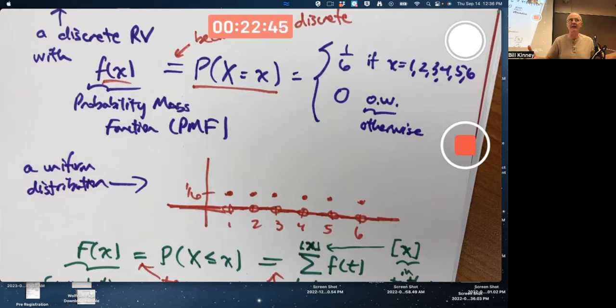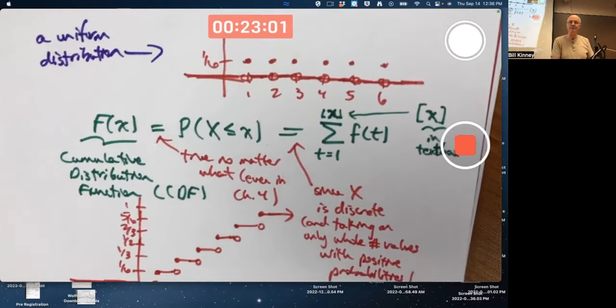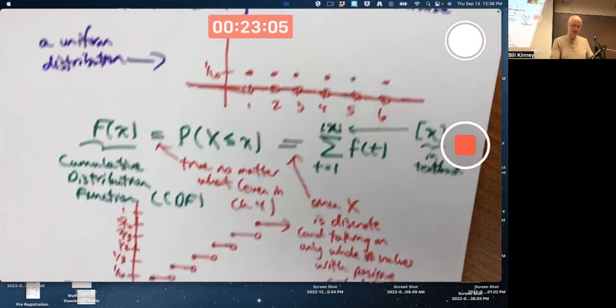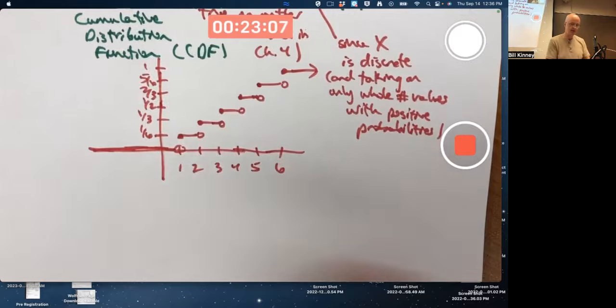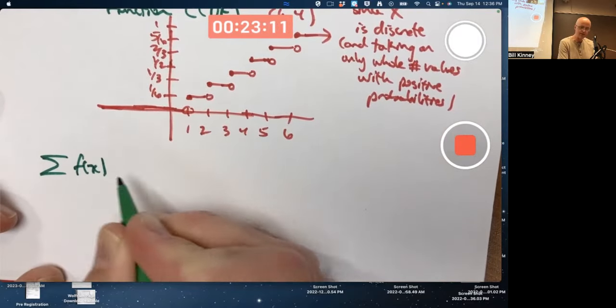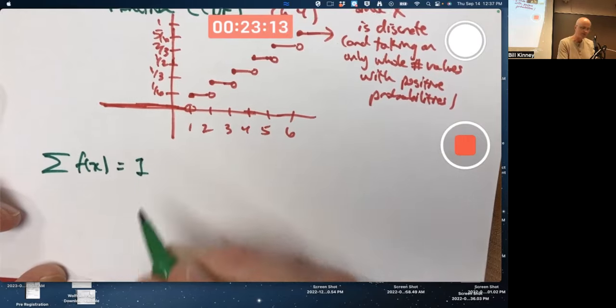Does that make sense? Did you catch what I said? N discrete values at which the probabilities are 1/n. Like if n is 100, there's 100 discrete values at which the probability is 1/100. And obviously, the sum of all the PMF values is 1. We can write the sum of the little f of x values is 1.